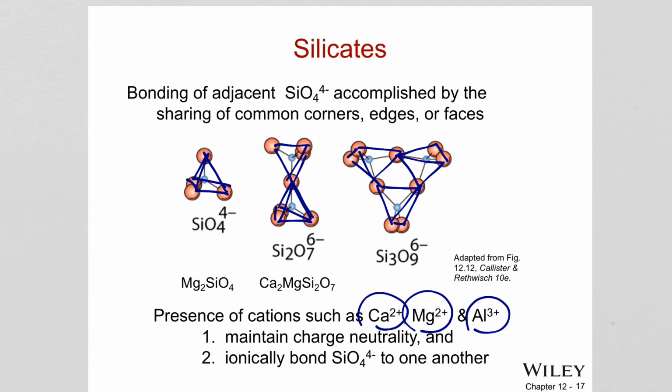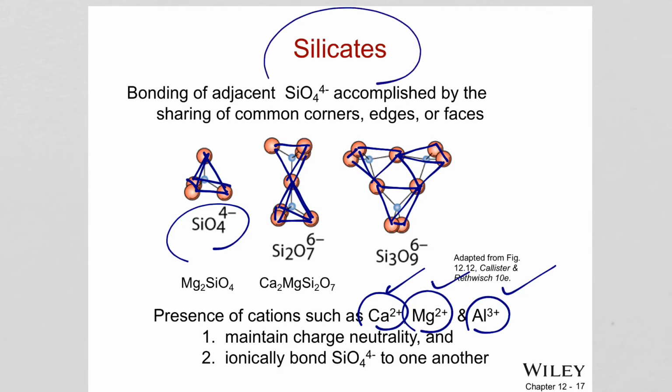So this is actually a negatively charged anion, so it needs to preserve the charge neutrality. We need positively charged species, and they can be added to the structure to form the silicates. This maintains charge neutrality, and this also provides ionic bonding of different tetrahedrons coming together.